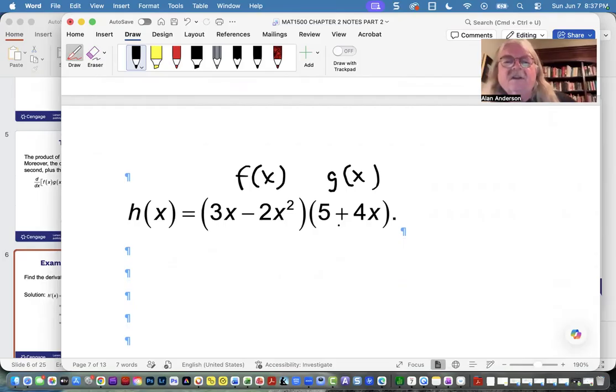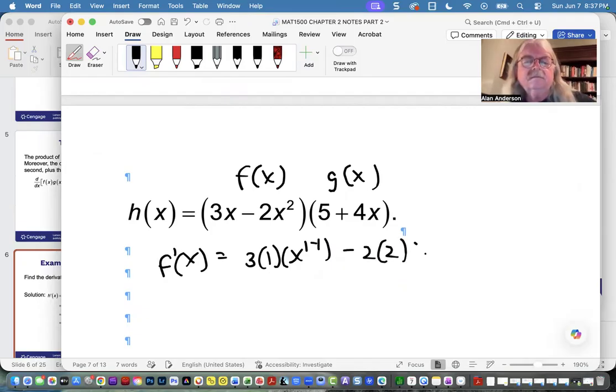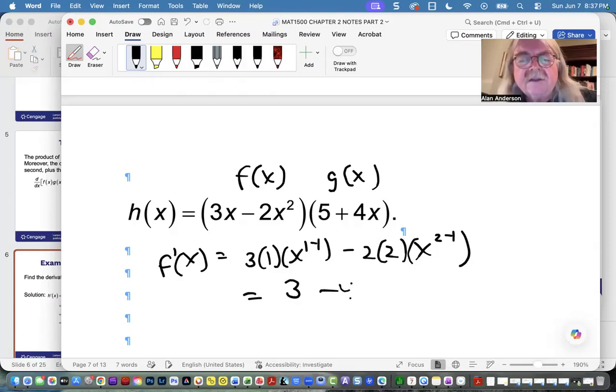Now, we want to take the derivative of h of x by using the product rule. So here's what we're going to do. Rather than doing it on the fly, we're going to write down f prime of x. And of course, you can see we're using the rules that we already know. And that equals, now remember, x to the 1 minus 1 is x to the 0, which is just 1. So it's 3 minus 4x.